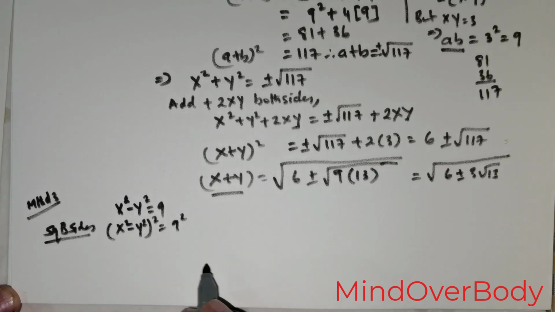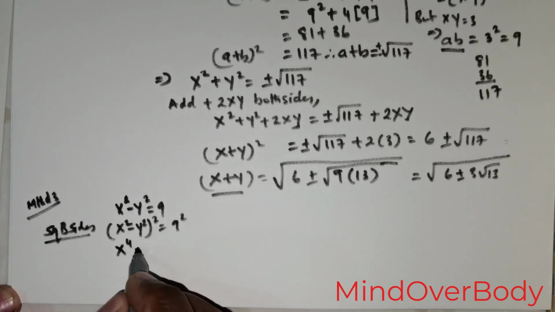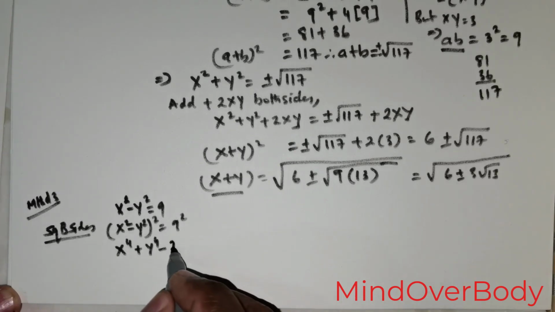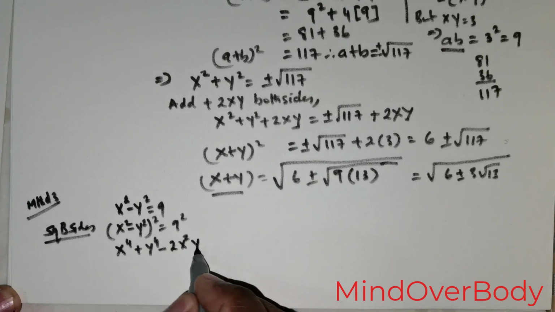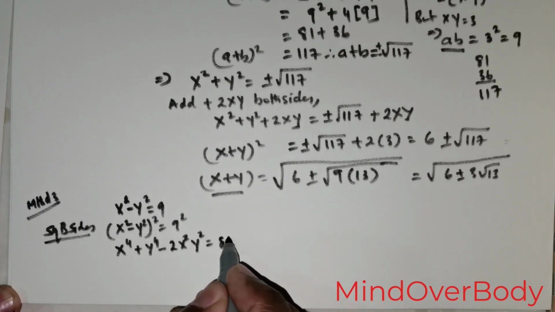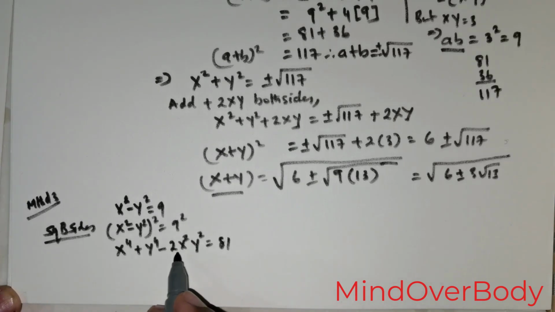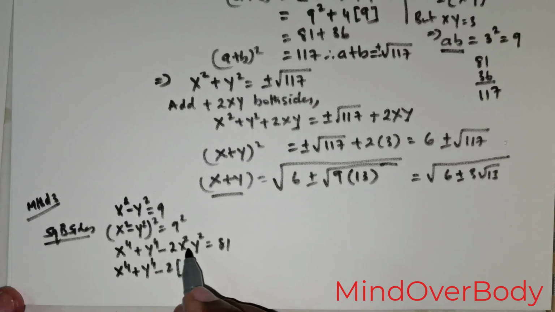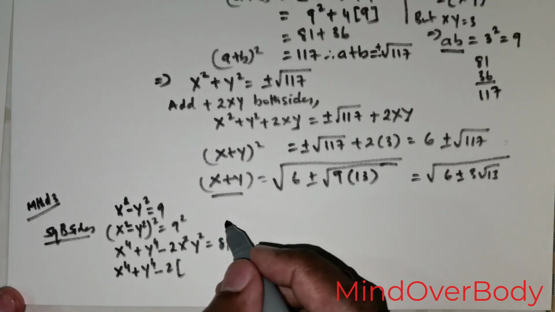Now if I expand this, this is going to be x to the power 4 positive y to the power 4 negative 2 times x squared y squared is equal to 81. Now this is rewritten as x to the power 4 positive y to the power 4 negative 2 times, now x squared y squared is actually xy raised to the power 2, right?